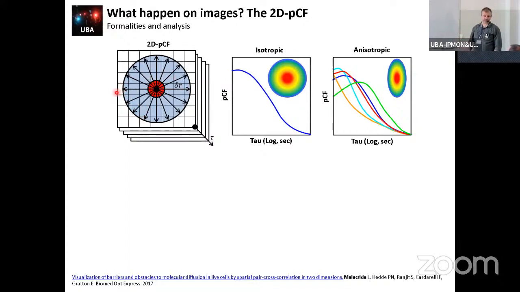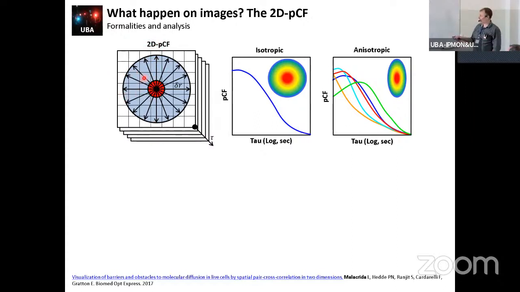As you can imagine, this is a colossal amount of calculation. But if you have a good programmer, it will manage. And you can immediately see that if there is any obstacle in one direction or another, the pair correlation will be deformed and will change shape.